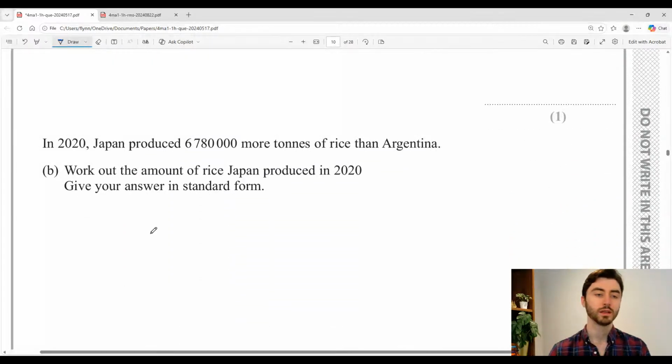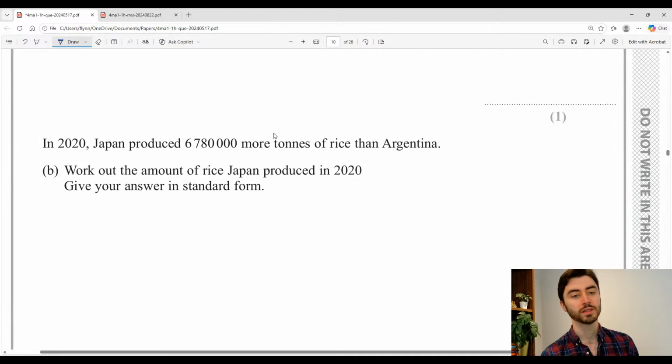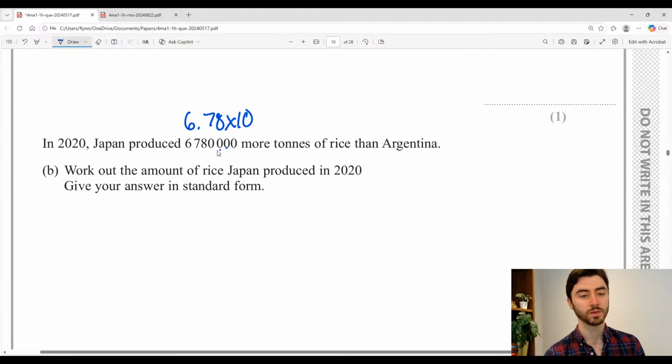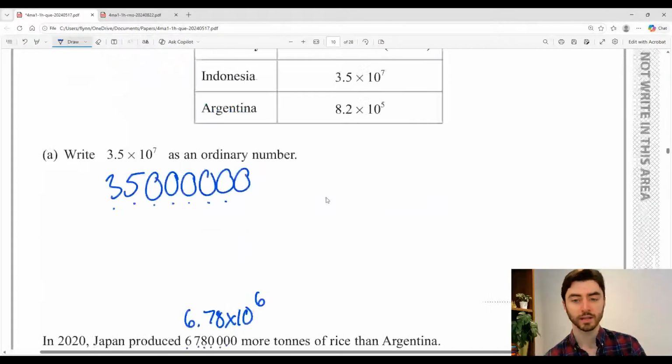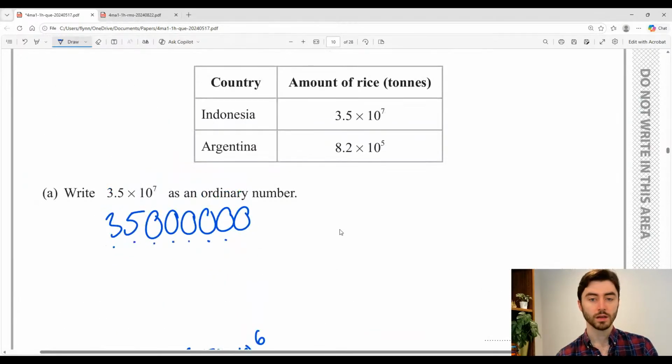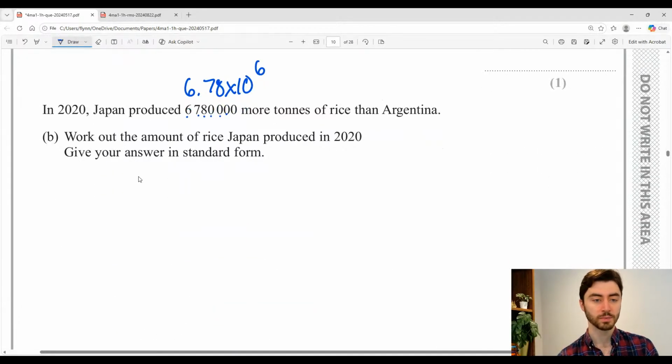In Japan, work out how many more tons of rice were produced than Argentina. Work it out in standard form. Well, this is 6.78 times 10 to the 6. So Japan produced that many more tons of rice than Argentina. So it's 8.2 times 10 to the 5 plus 6.78 times 10 to the 6.